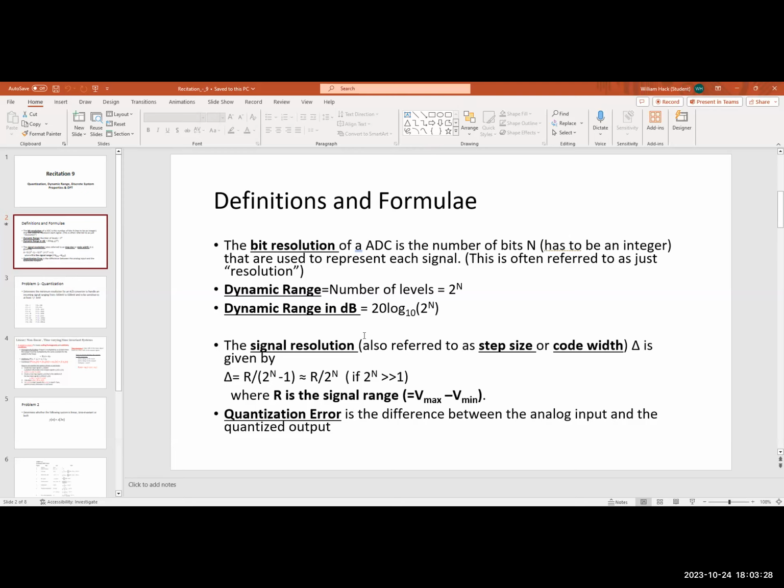And r in this case is going to be equal to your input signal range, your Vmax minus your Vmin. And then your quantization error is the difference between the analog input and the quantized output.